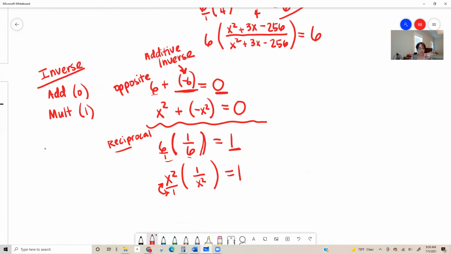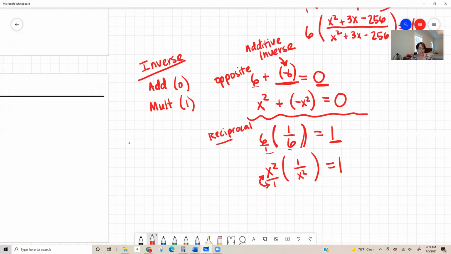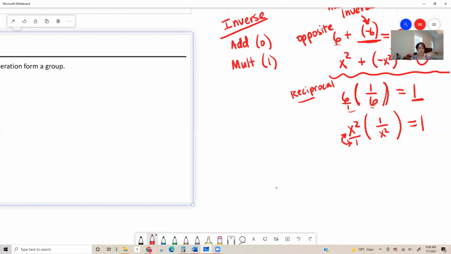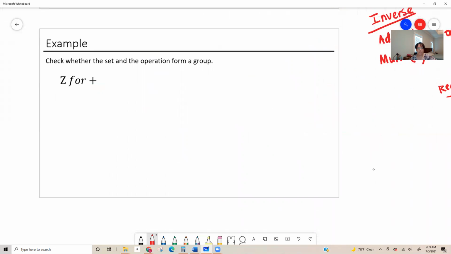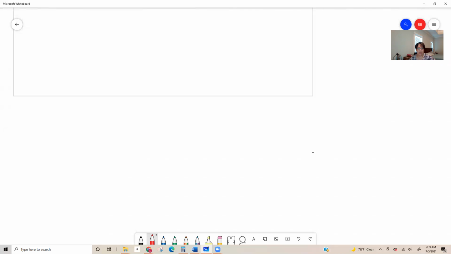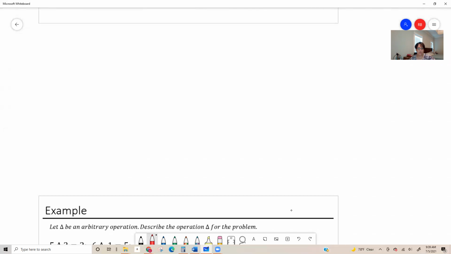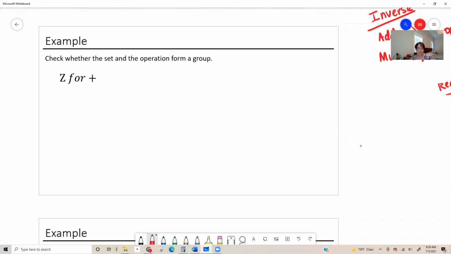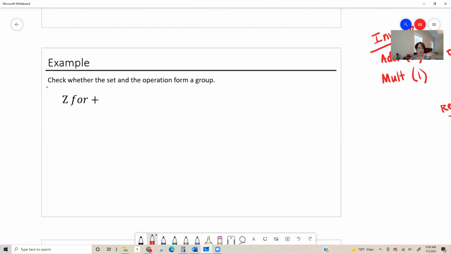All right. So that's identity and inverse. And we're going to look at one more example from your homework. So this one talks about operations and groups. Well, no, we have two more. So, all right. So they want to know if this group, which Z, remember, is our integers.